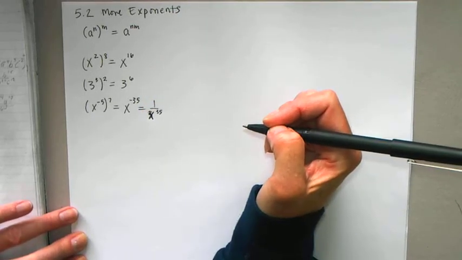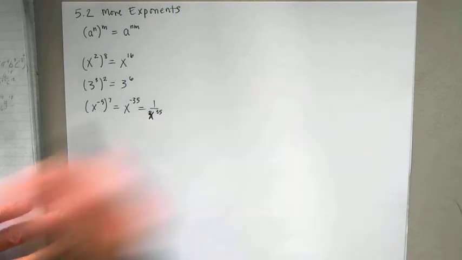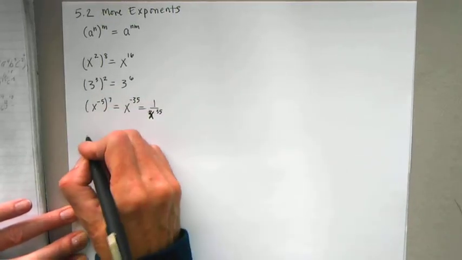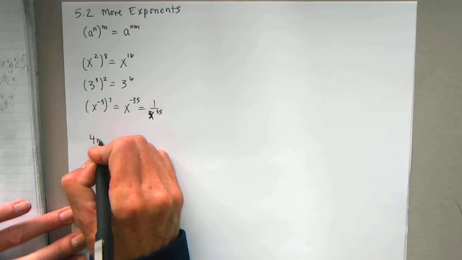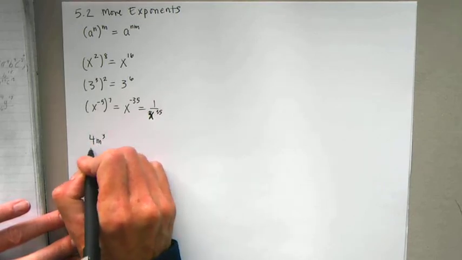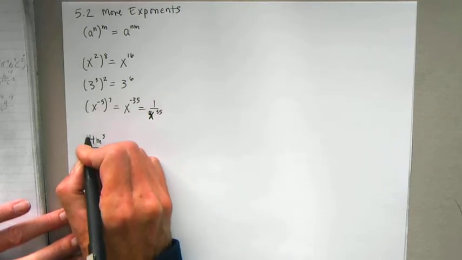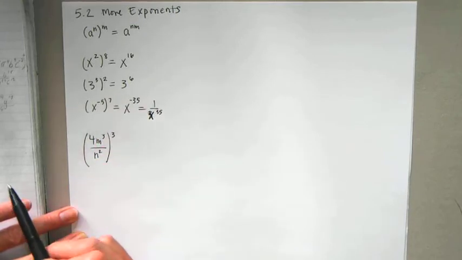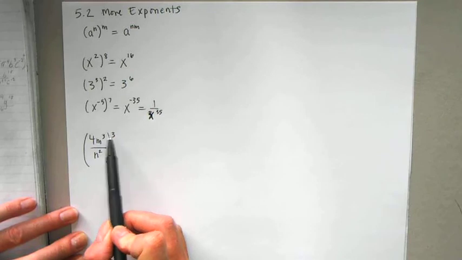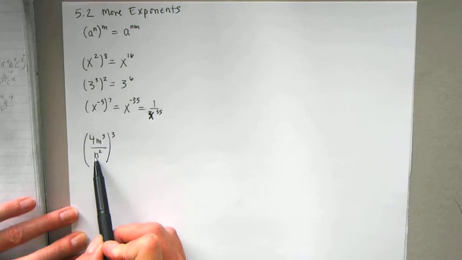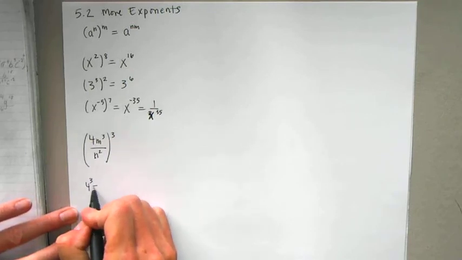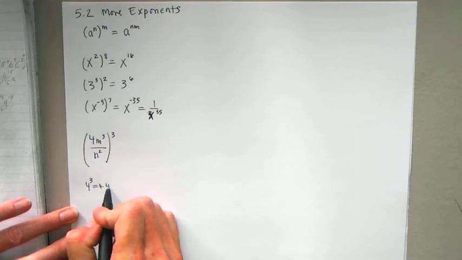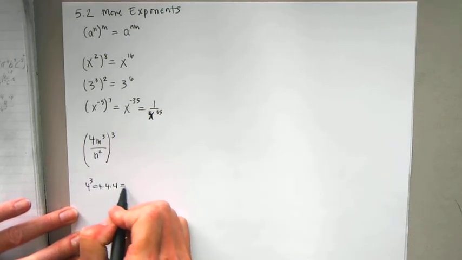Alright. Now what they'll do is they'll combine all your rules together here. So, for example, let's do this first. Let's say I give you 4n to the 3rd over n squared, and we're raising that whole thing to the 3rd. The reason I want to show you this one is that that exponent raises everything in parentheses, just like you have 4 to the 3rd, which is 4 times 4 times 4, which is 64.